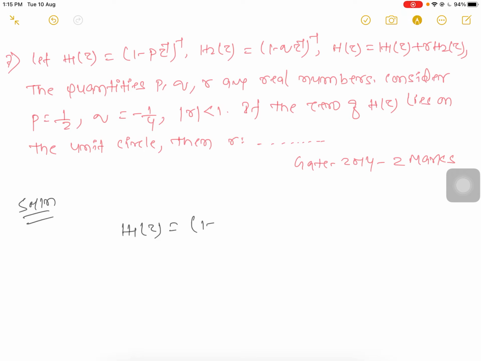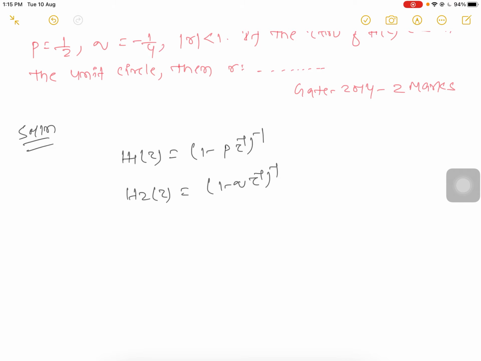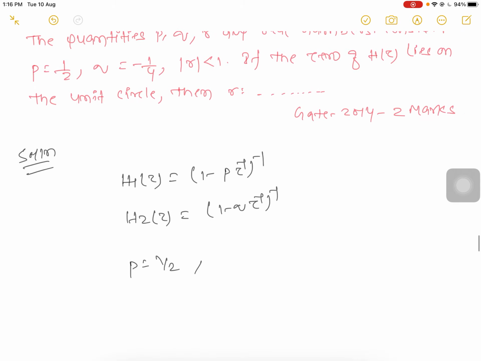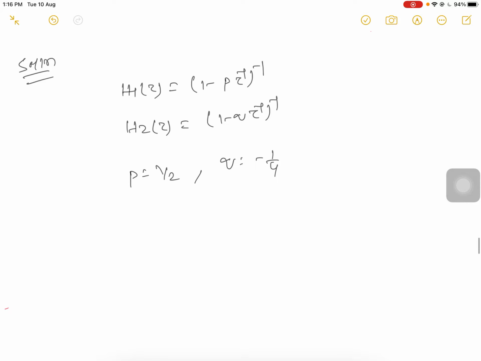H1(z) is given as 1 minus p z inverse to the power minus 1 and H2(z) as 1 minus q z inverse to the power minus 1. Here p is given as half and q is given as minus 1 by 4.